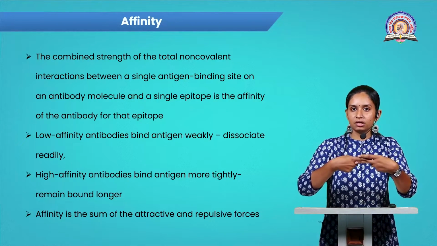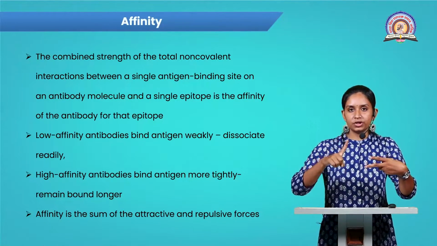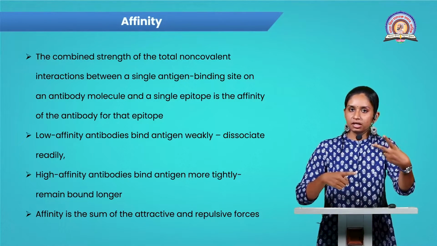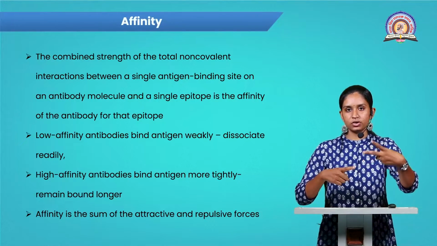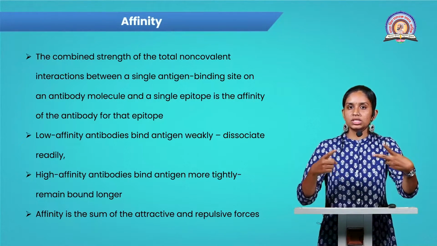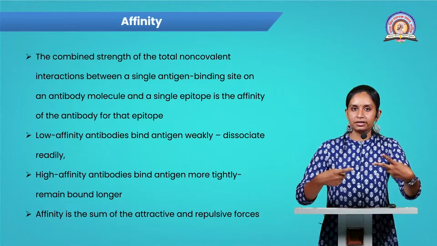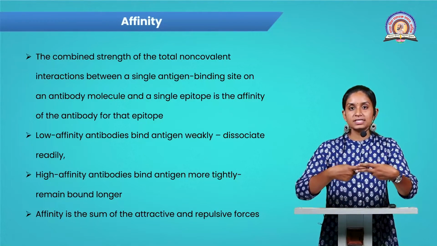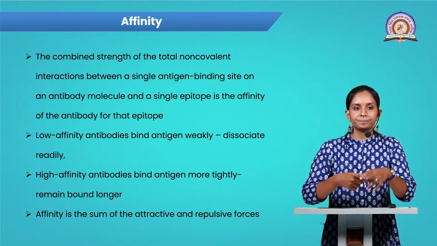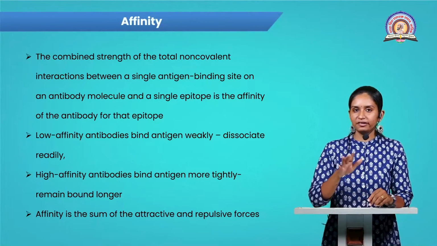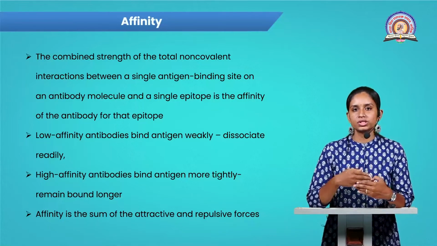What I am saying here is that a single epitope present on the antigen is interacting with a single antigen binding site present on the antibody. So the strength of interaction of a single epitope and a single antigen binding site is called affinity. Okay. Now if this affinity is low, that antigen is going to bind weakly and it can dissociate readily.